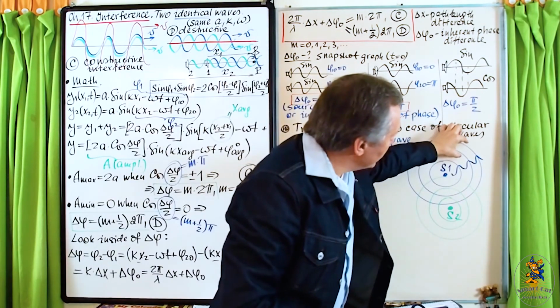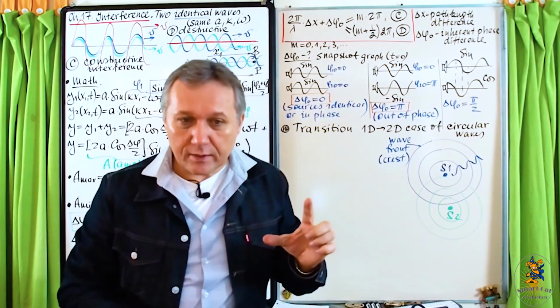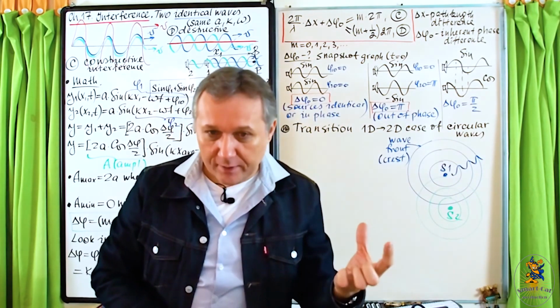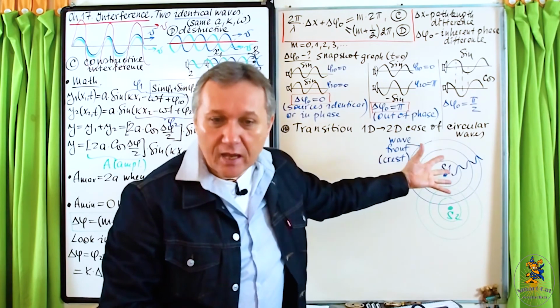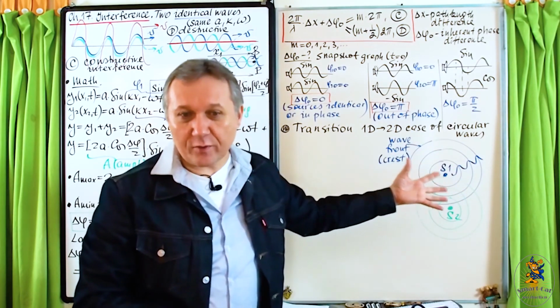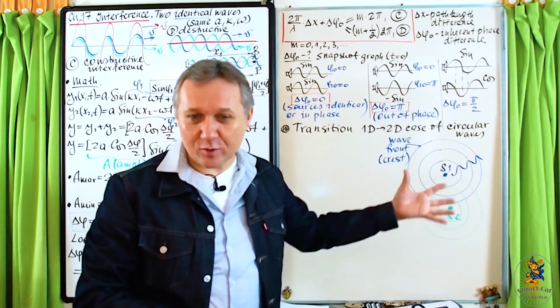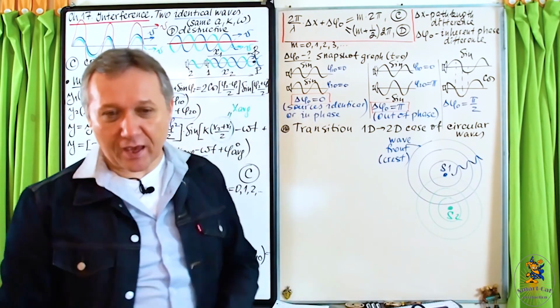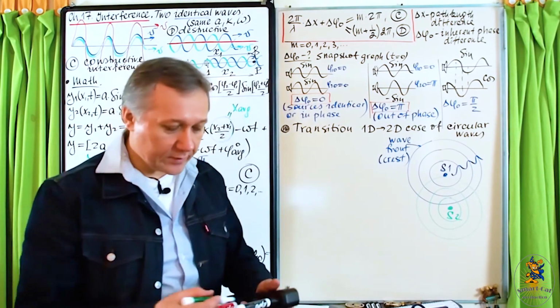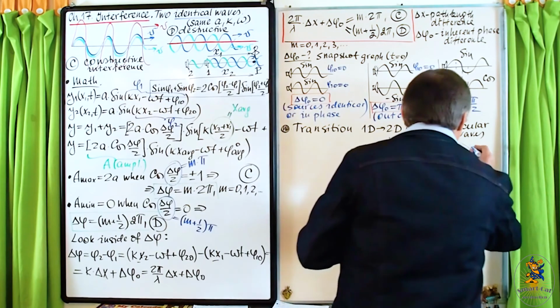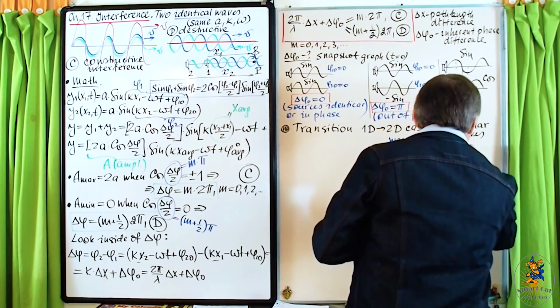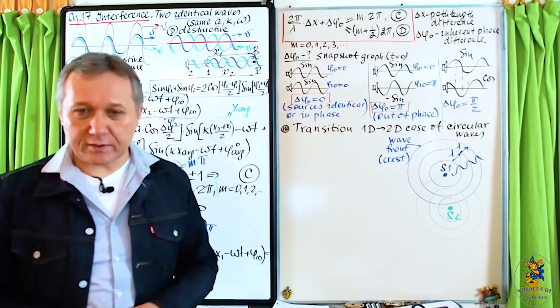And this distance between the wave fronts, what is that? It's a wavelength, because what is this? It's a snapshot graph of circular waves. Again, that's what you can get with a camera. So as a result, this distance between wave fronts is the wavelength. Lambda, lambda, lambda.